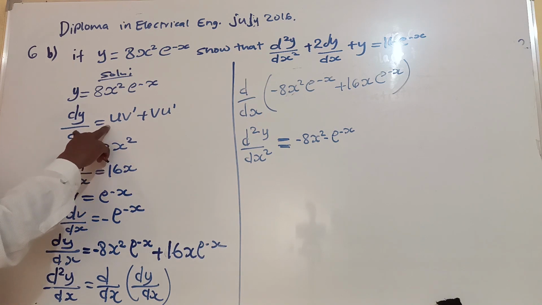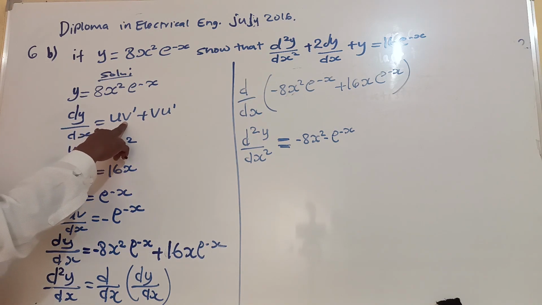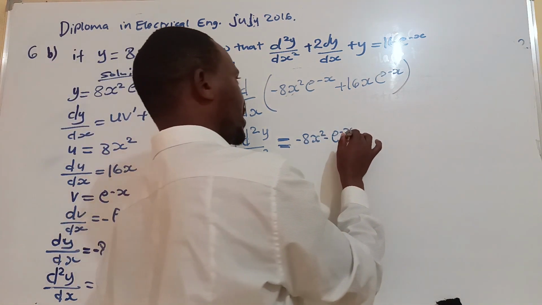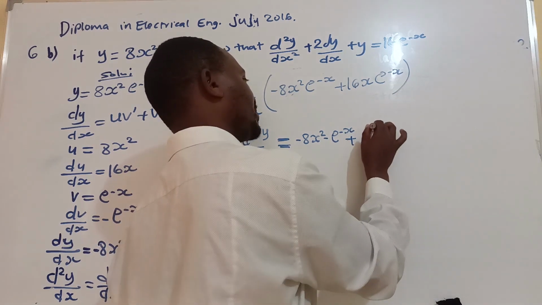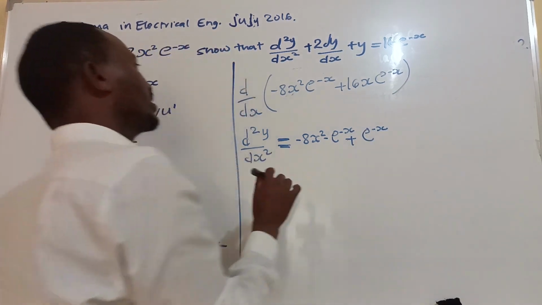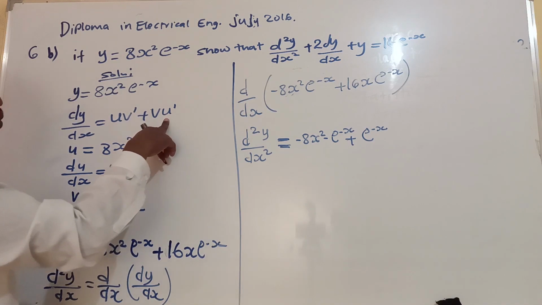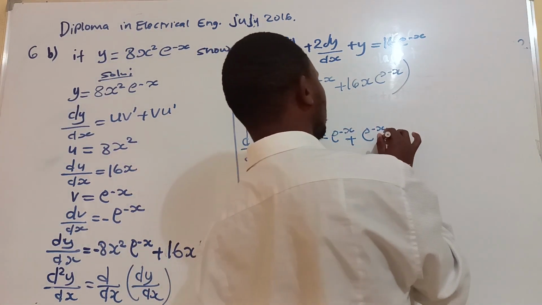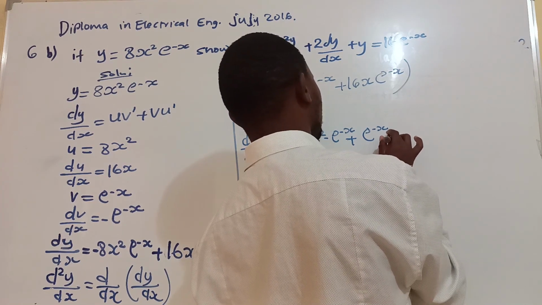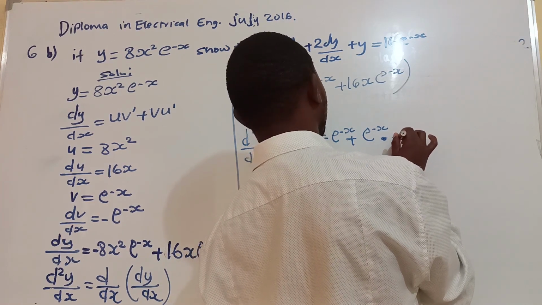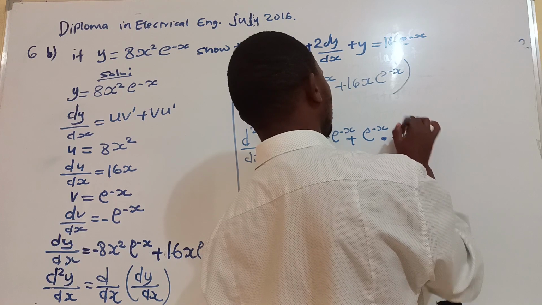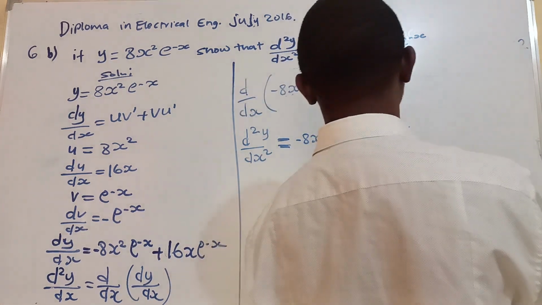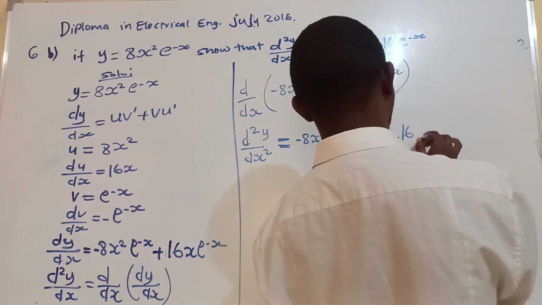So we have taken care of u v prime, plus v exponential negative x. We differentiate u. u is negative 8x squared, so it will be negative 16x, because it's 2 times negative 8, negative 16x.